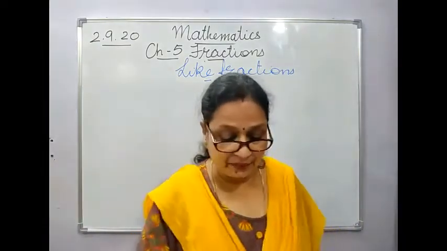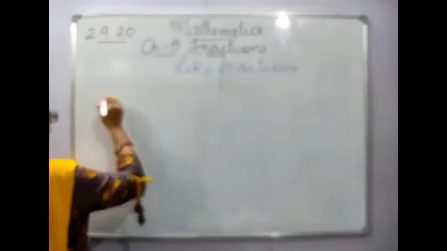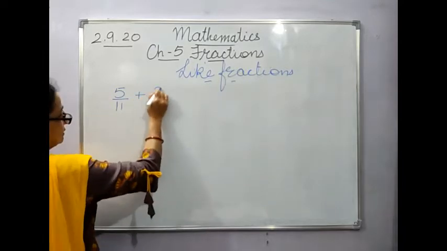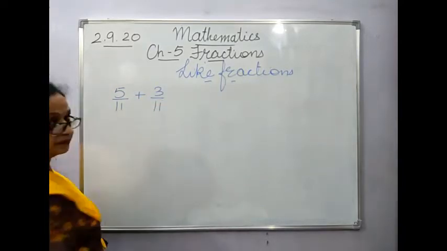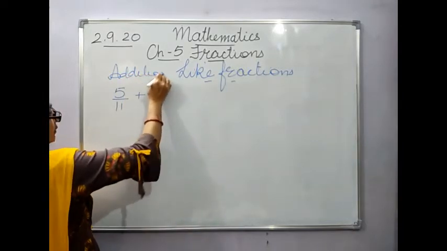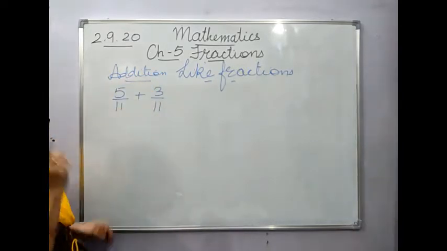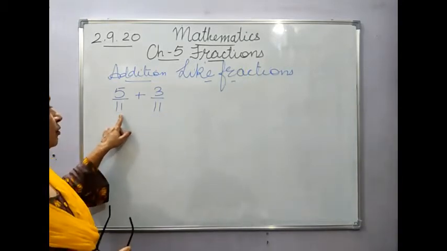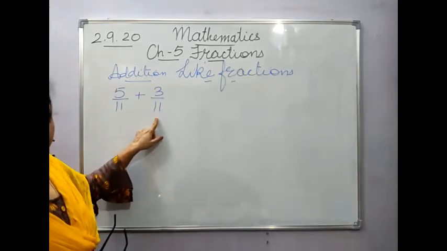So I'll take an example. Suppose I take the example 5 upon 11 plus 3 upon 11. This is addition. Okay. Now like fraction means where the denominators are same. Here the denominator is 11 in both the fractions.